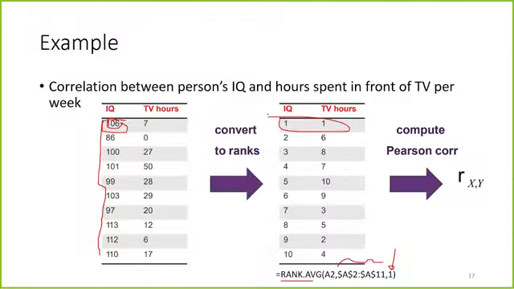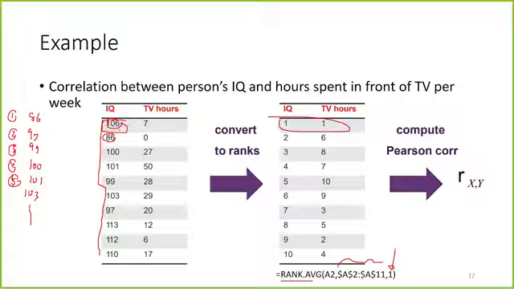What does it mean? It means that rank 1 of IQ goes with rank 1 of TV hours. Let's see how it happened. What is rank 1 in IQ? What is the lowest number of IQ? Here, 86. So if I sort IQ, we get 86, then 97, 98, 99, 100, 101, 103, and so on. So this is rank 1, this is 2, this is 3, 4, 5.